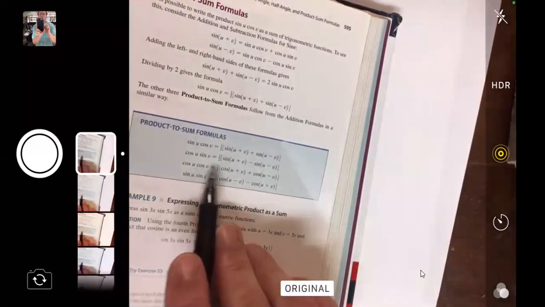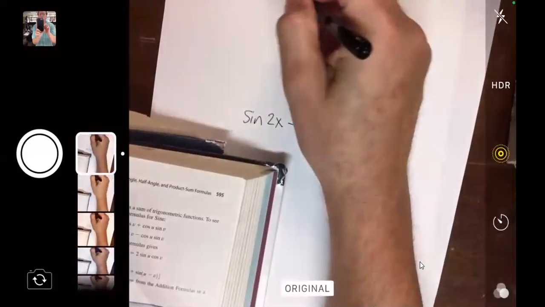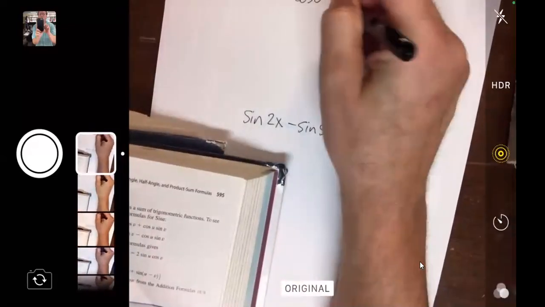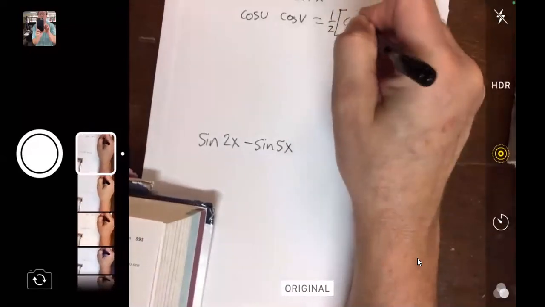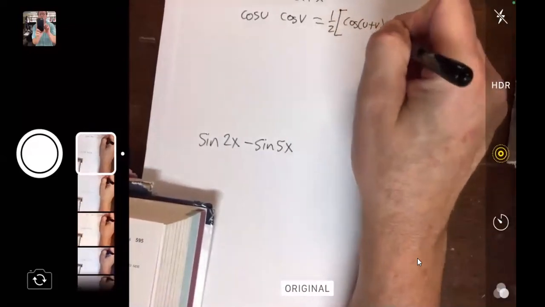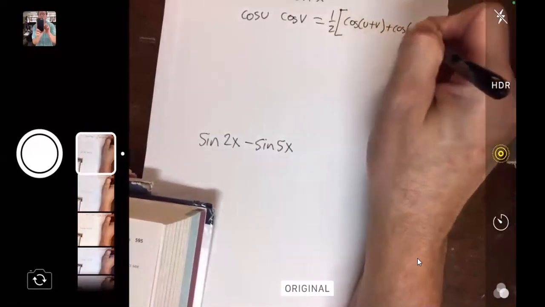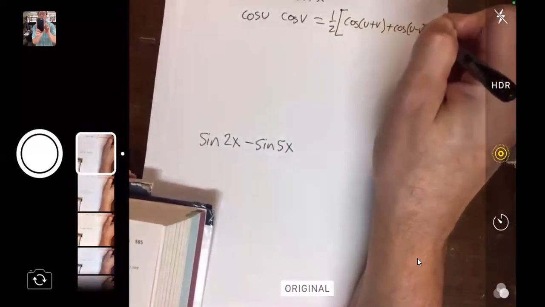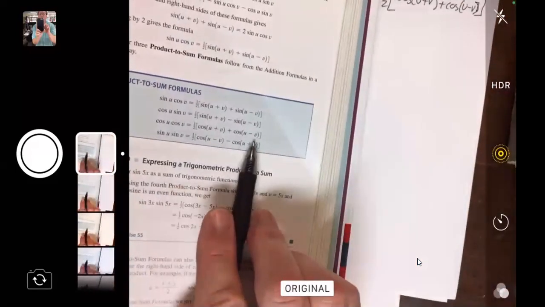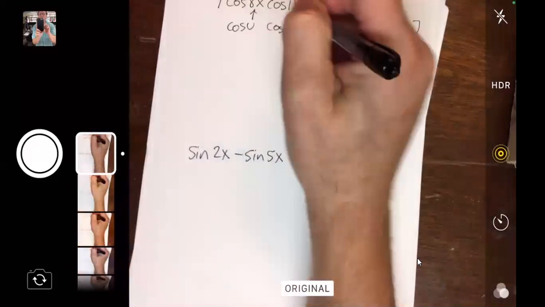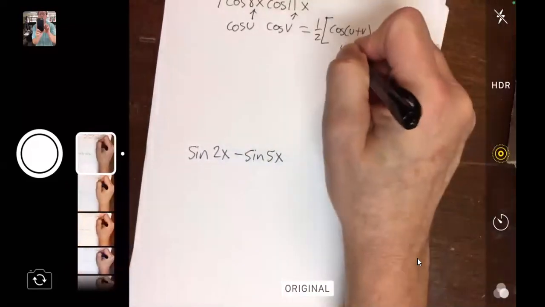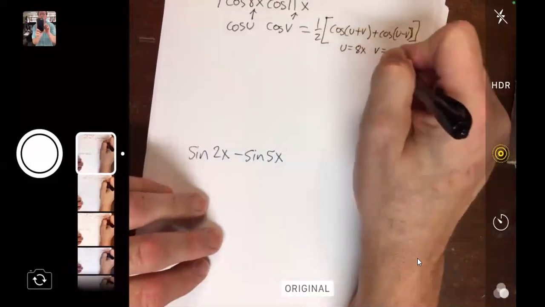Cosine of u times cosine of v is a half, cosine of u plus v plus cosine of the difference. So your u is 8x and your v is 11x.